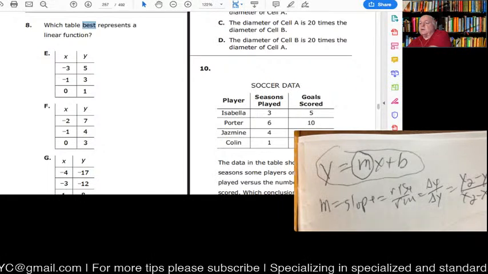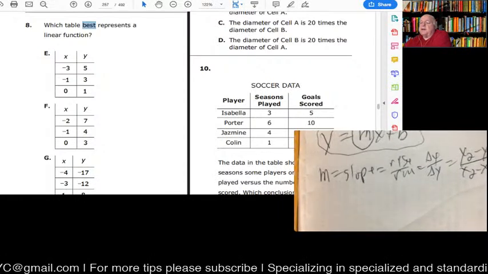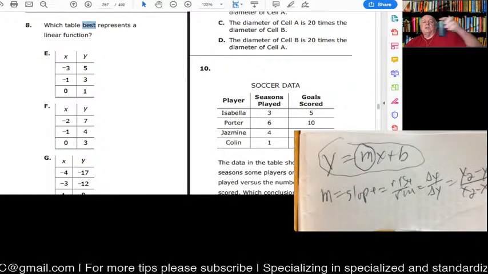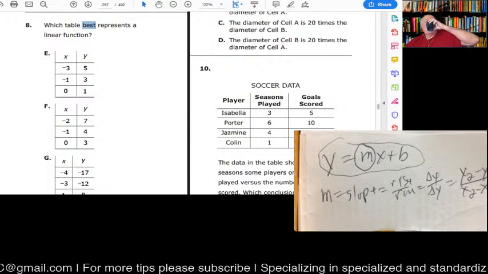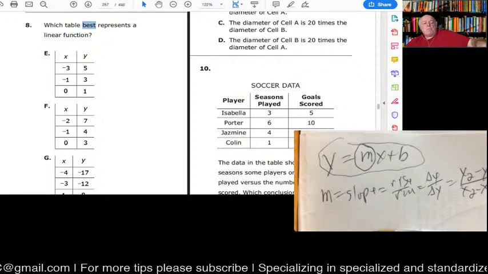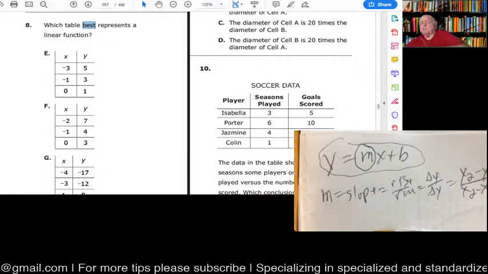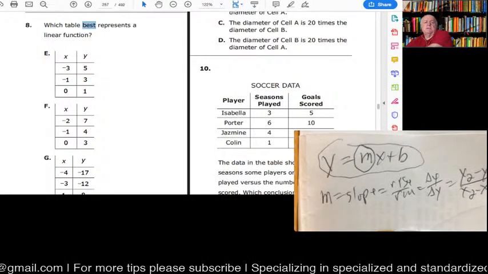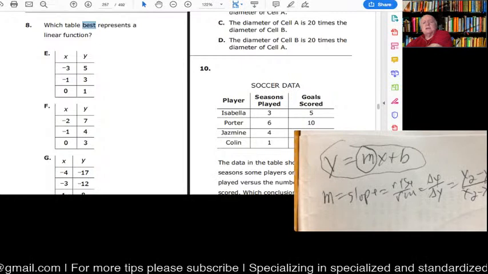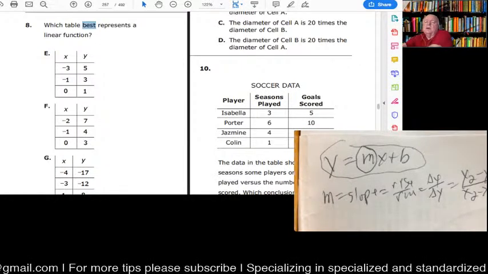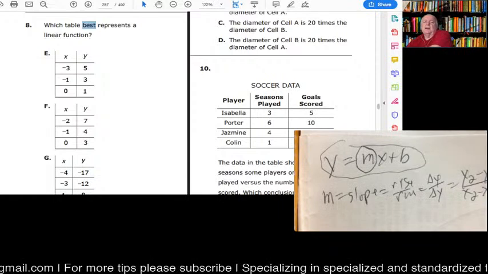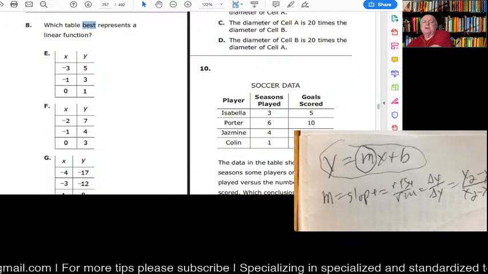When you see questions like this, you could find E, and E looks reasonable, it's kind of close to being a line. The table doesn't represent a circle, a square, or a parabola. It's kind of an arc line, and that's pretty close to being a line. But that's not what they're asking us for.